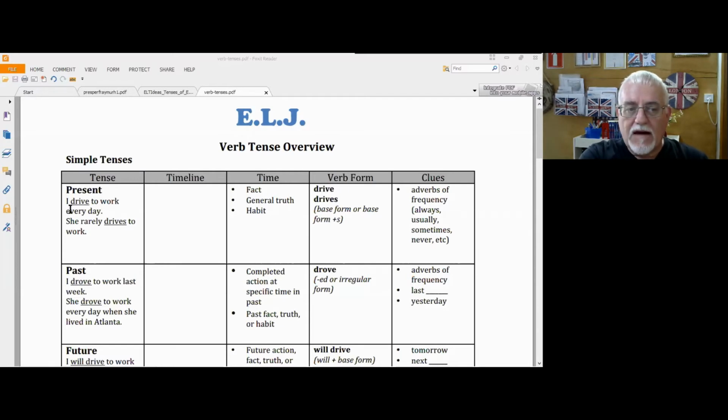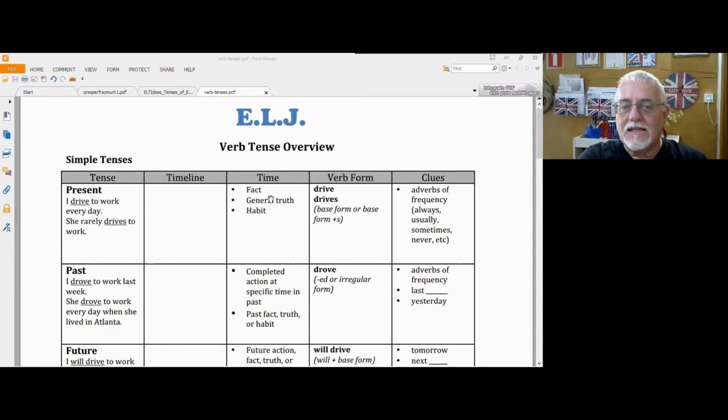So when we have I drive to work every day, we can have a statement where she, third person singular, rarely drives to work. So it wouldn't be correct to say she rarely drive to work. We need to add the S. She drives. He drives, she drives, it drives. Because my dog drives me crazy sometimes.